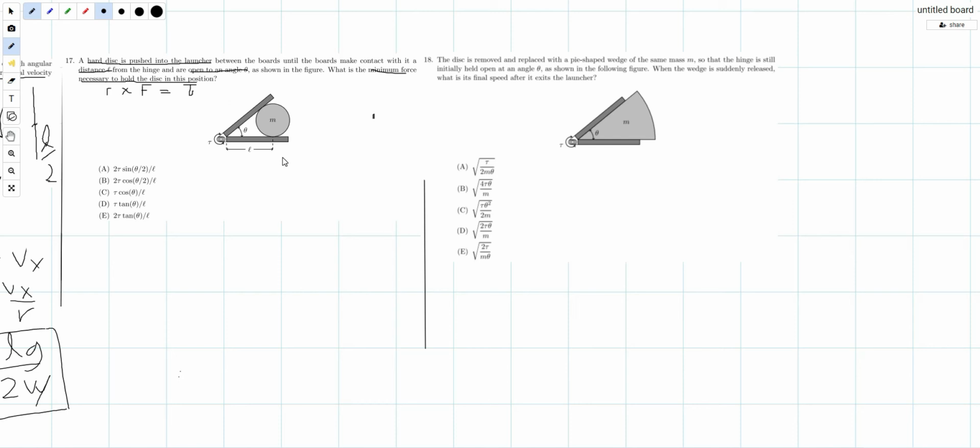However, cross product really only makes a difference when the force is applied at an angle that's not 90 degrees. In this case, it's really clear that the force is going perpendicular upwards. So really, we can just write our force as torque by L. So that's a good thing to know.